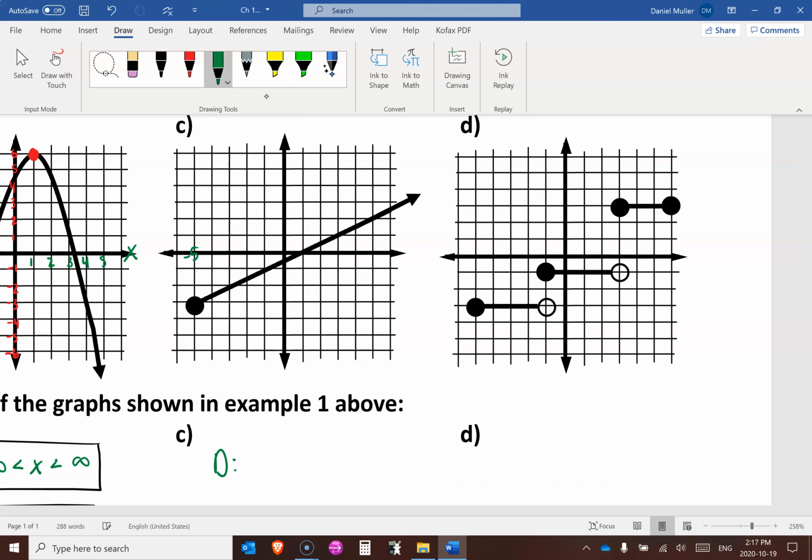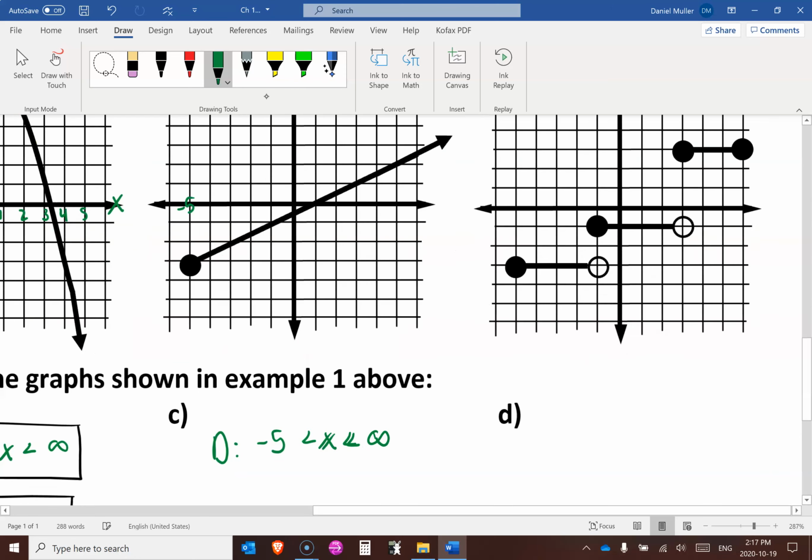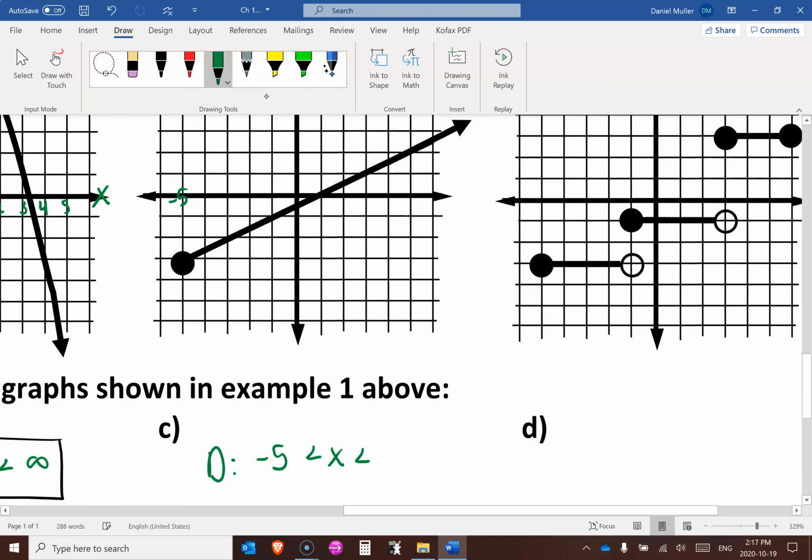So the furthest left that it goes is -5. And the furthest right that it goes is infinity. It goes right forever. So keep in mind that all the infinity ones will never have the line underneath. And the number here, -5, well, that depends on if it's an open or closed circle. It is closed, so we have to have the line. It does equal -5.